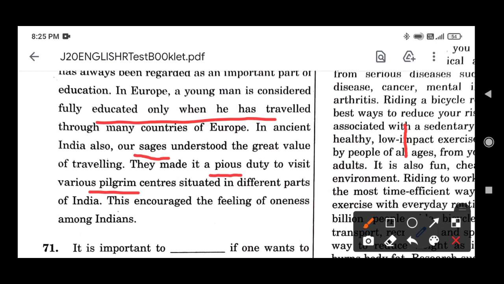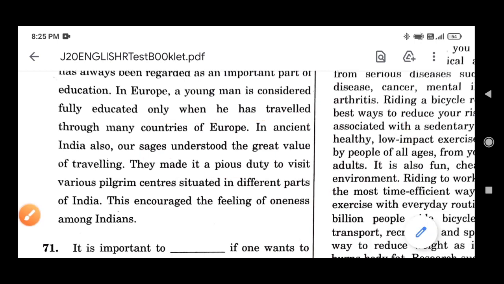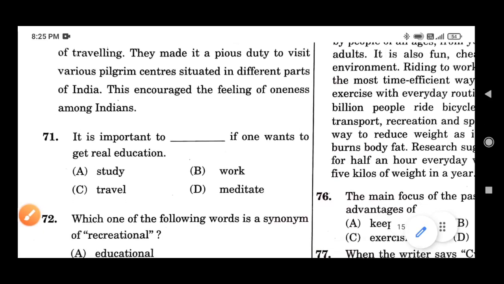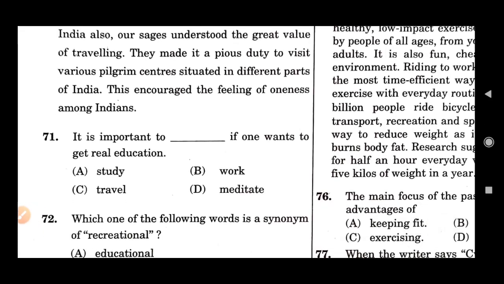You come to know the use of that underline, because the answers for the questions are based on those underlined words or sentences. We'll see the question. It is important to dash if one wants to get real education.